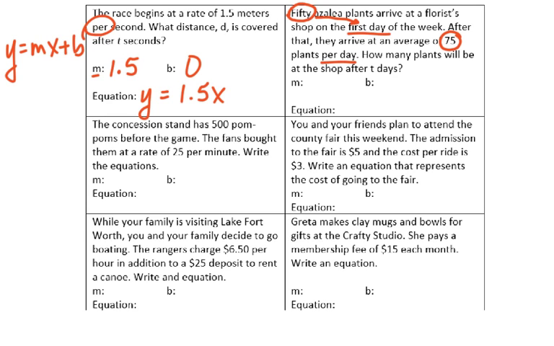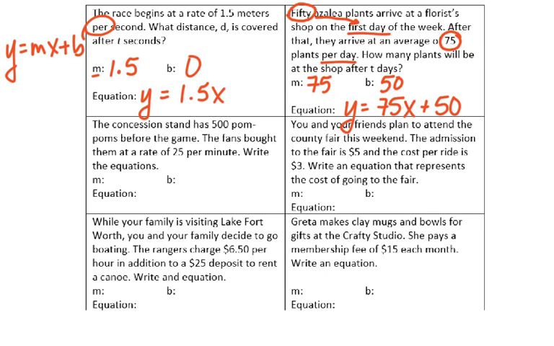So remember, per represents slope, so that 75 goes for our slope. And anything that says the first day or beginning amount, that is your y-intercept. So our equation here would be y equals 75x plus 50.